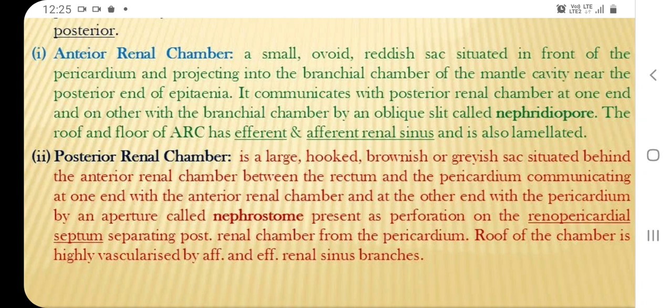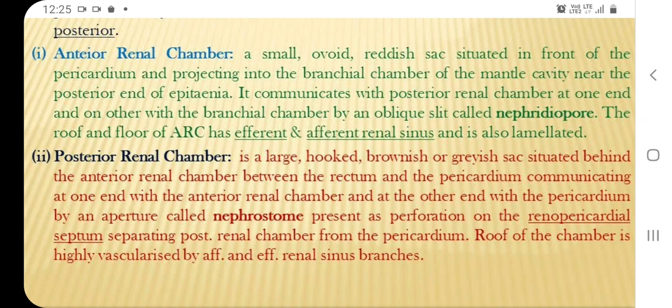It communicates with the posterior renal chamber at one end and with the branchial chamber on the other by an oblique slit called the nephridiopore. The roof and the floor of the anterior renal chamber have efferent and afferent renal sinuses and are also lamellated.